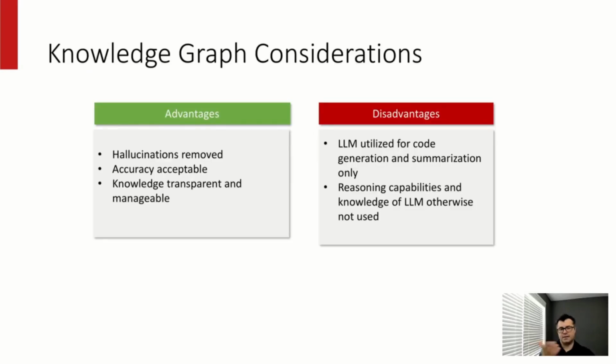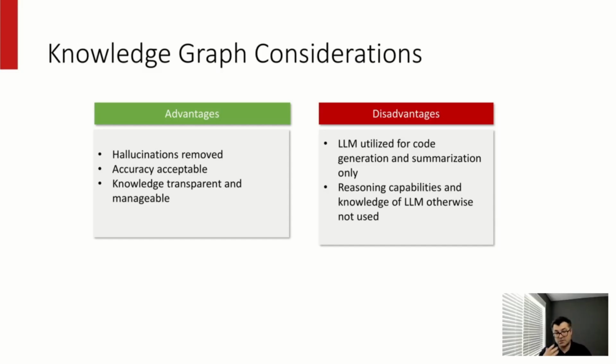So with this particular use case, as I mentioned, very simple but effective, we were able to remove hallucinations basically, because we're not relying on the knowledge of the large language model at all. We were able, through constructing a training set and fine-tuning and going through all these steps, to get the accuracy to an acceptable level.